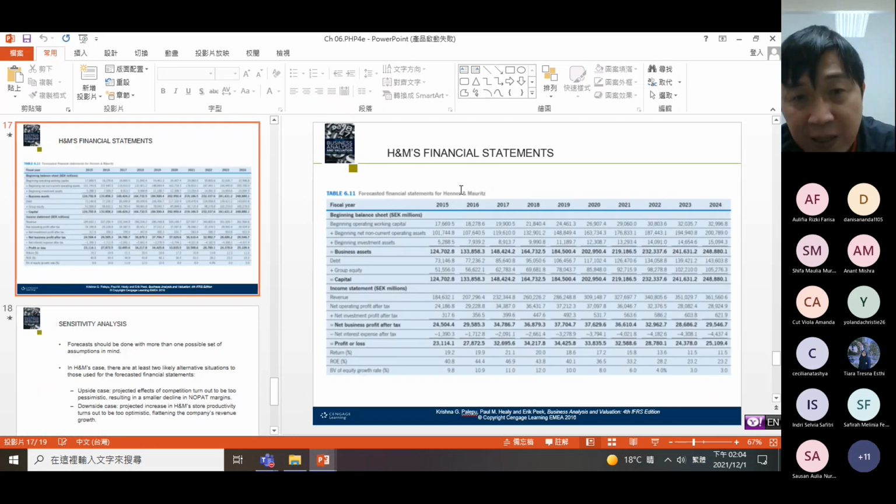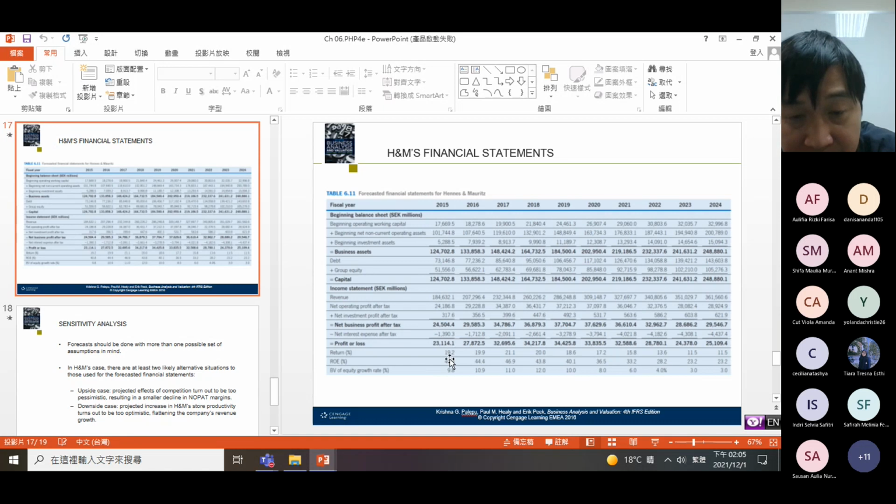So the financial statements for H&M. We predict for 10 years, from 2015 to 2024. The business assets at 2015 we predict 112.4 and 70.072, and in the last year we predict 248.80.